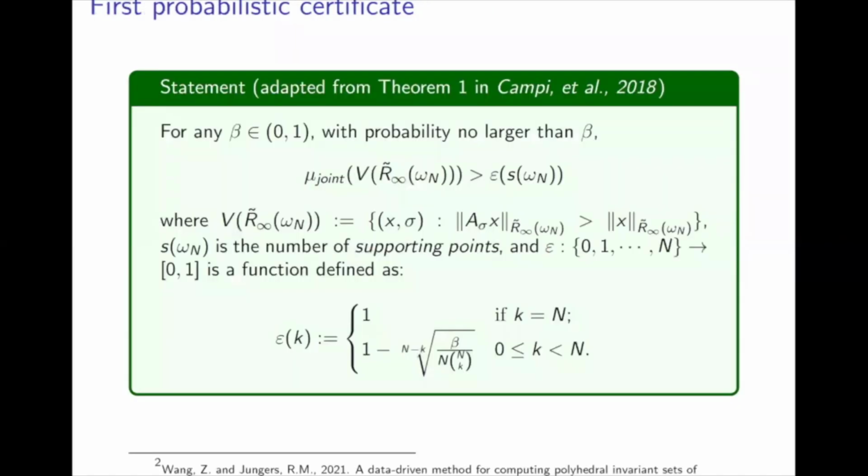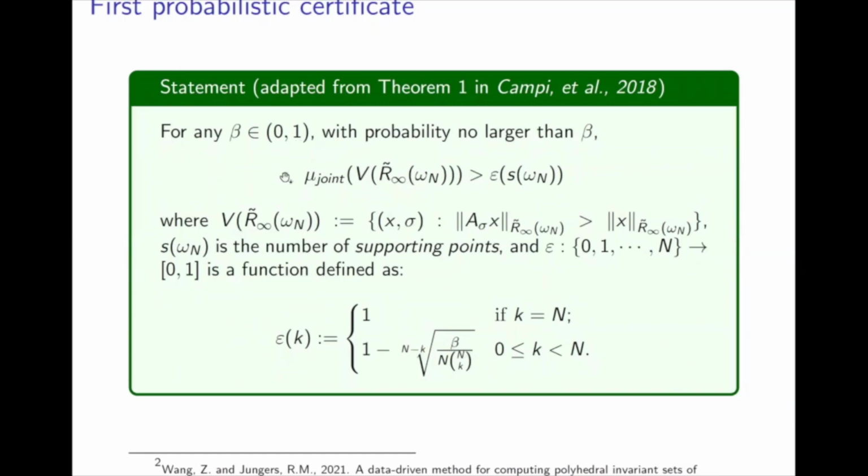So the first certificate is from the scenario approach from Campi in 2018. Here, this V is basically the set of points that violate these constraints. We call these bad points.